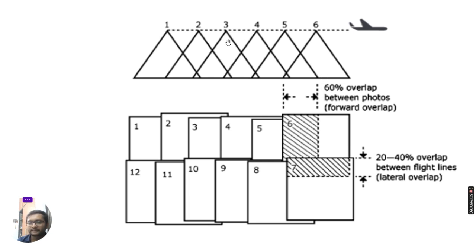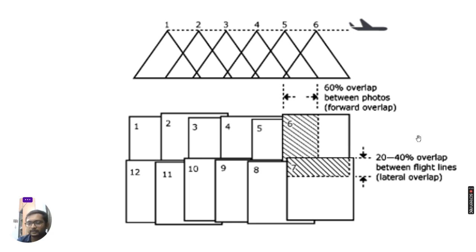Once you cover one particular path, you will turn and collect the data of the next surroundings. For that, the images will coincide with each other in the cross direction, the 90-degree direction to the flight path.